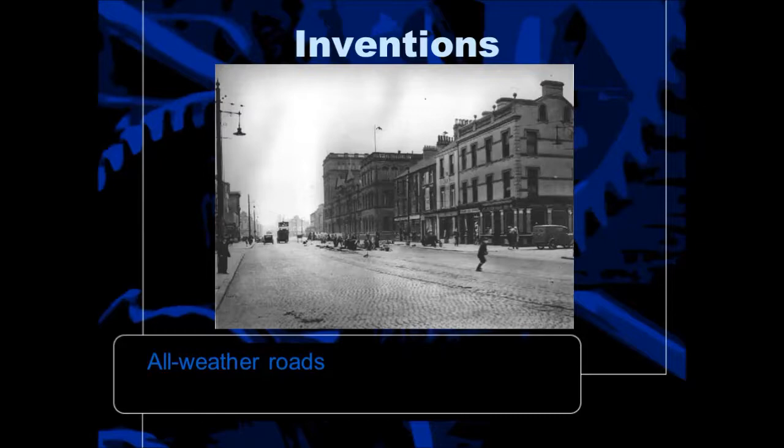So in many places all over the world, before there were all-weather roads, there were limited times during the year that you could actually guarantee new goods coming and going in and out of towns, because you had to worry about whether the roads were travel worthy or not. But once you have these all-weather roads, then you don't have to worry about that as much. So that also helped to increase trade and make people lots of money.